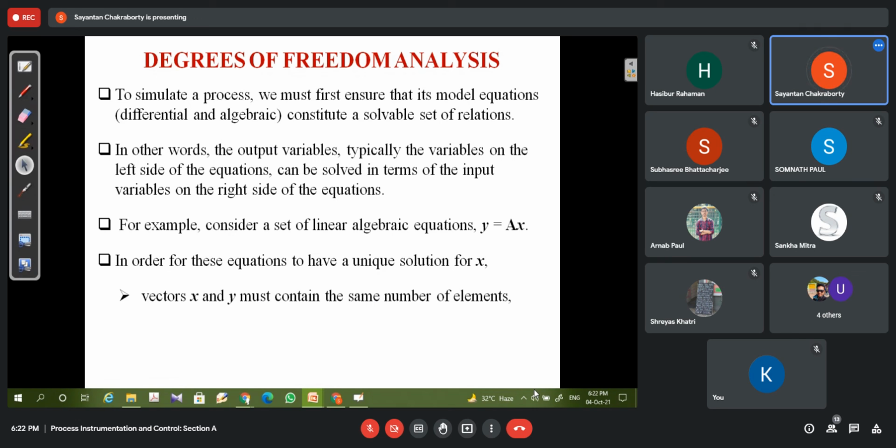That is, they contain n elements. N elements means there will be n number of independent equations, or n number of equations in y and n number of unknown variables in x. Most importantly, the matrix A should be non-singular. If it is singular, we won't be able to find a solution. So, this is a very common example of the solvability of a set of equations.